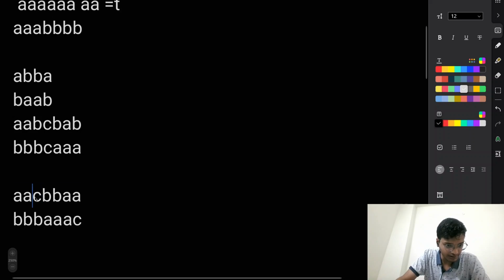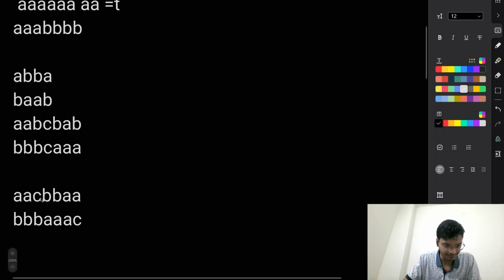The reason behind this is quite simple. If we take this partition, then C is there, but the frequency of B is not matching between S and T. They are not equal at all.